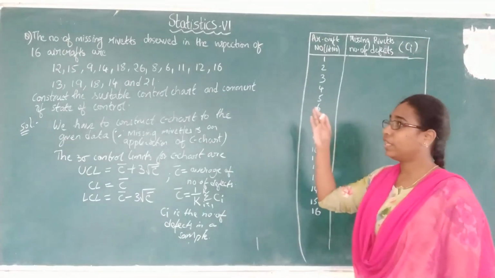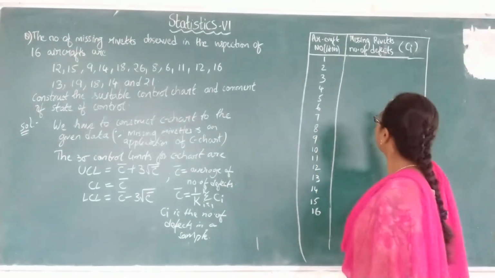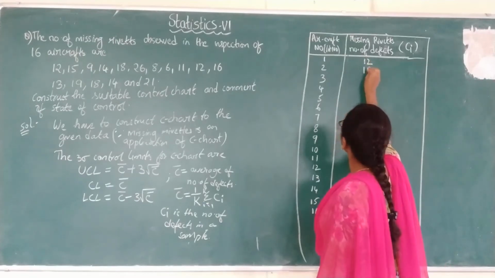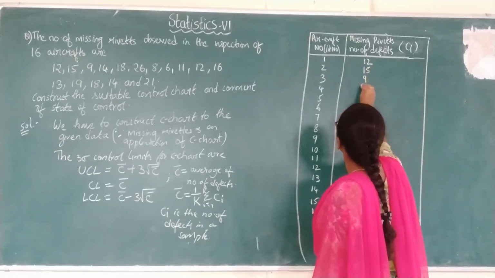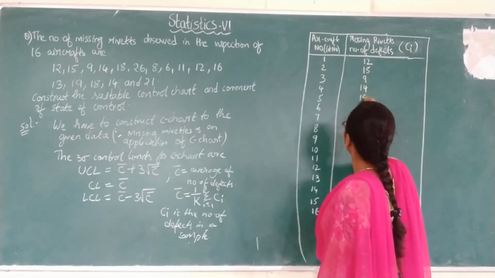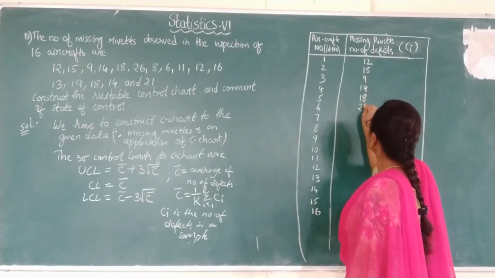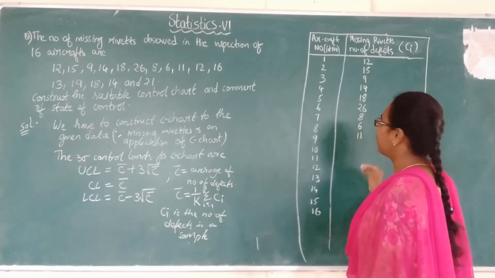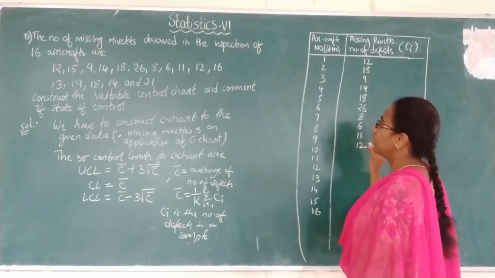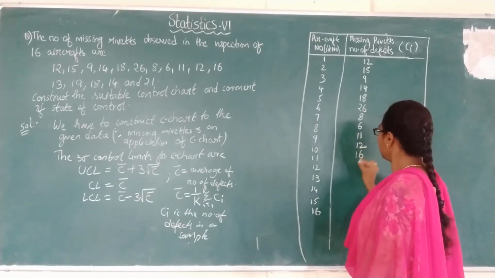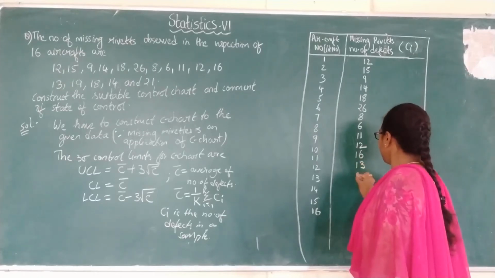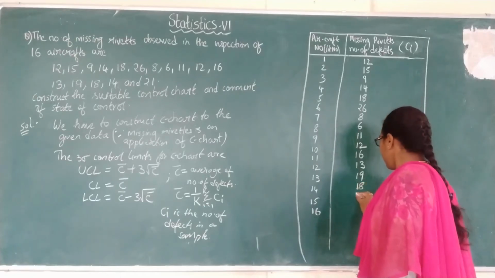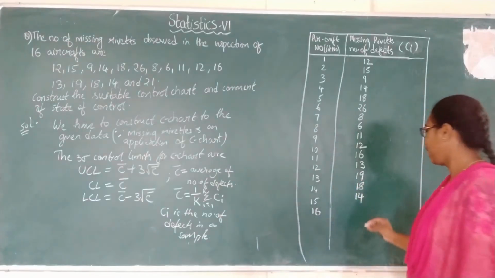Next, write down all the given defects. First one is, I will read it out, you check it. 12, 15, 9, 14, 18, 26, 8, 6, 11, 12, 16, 13, 19, 18, 14, and the last one is 21.